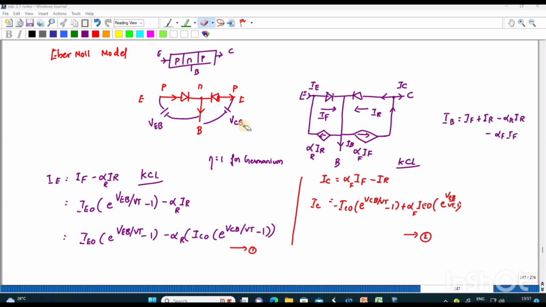IE is your emitter current, IC is your collector current, and IB is your base current. Assume there is no voltage drop across the semiconductor forming the emitter, base and collector regions. Therefore R_EE', R_BB' and R_CC' are equal to 0.